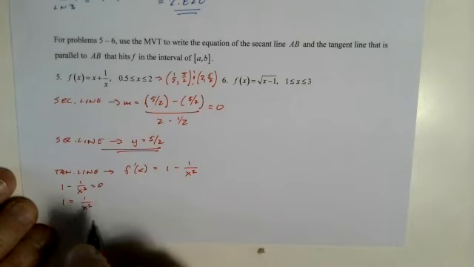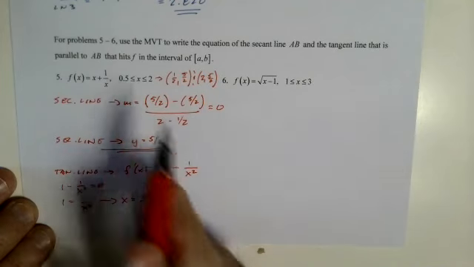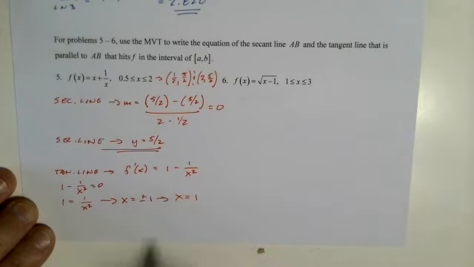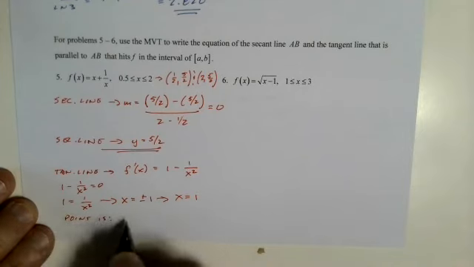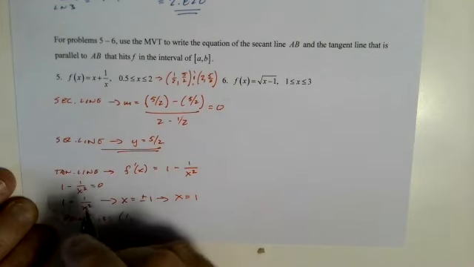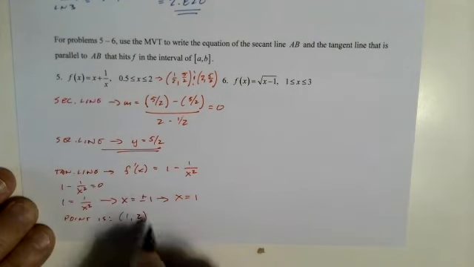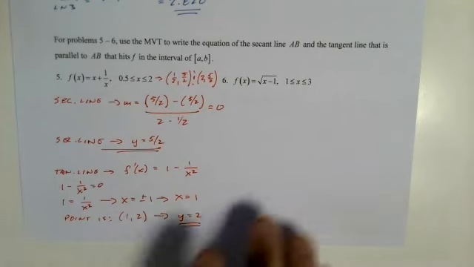Clearly x equals plus or minus 1. 1 is in the interval. -1 is not. So the point is 1 plus 1 over 1, 2. So y equals 2. Slope is 0, it hits 2, y equals 2.